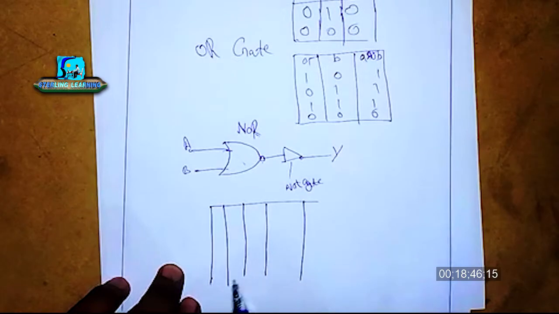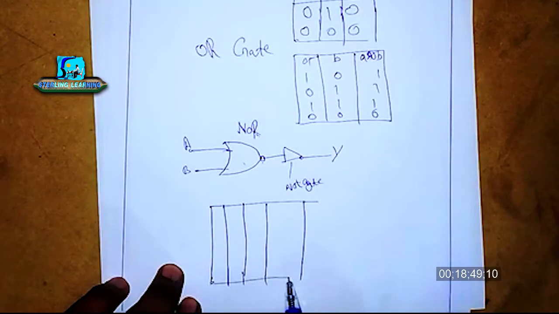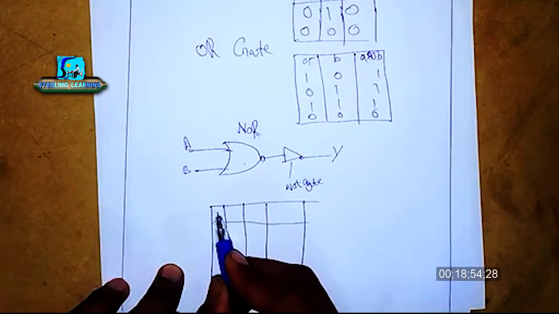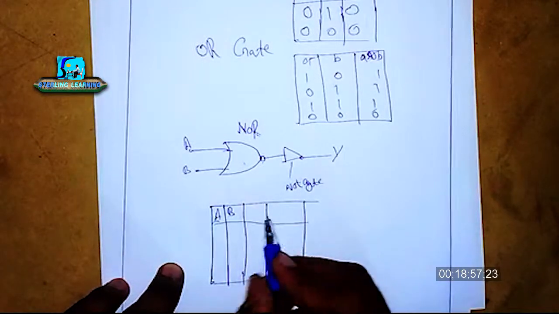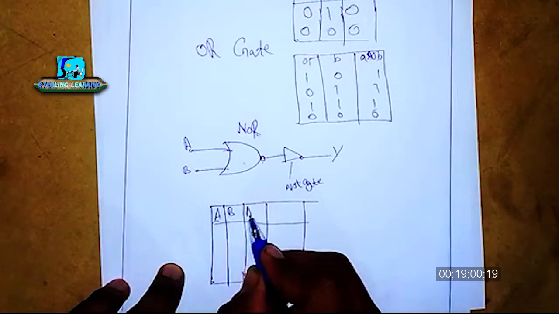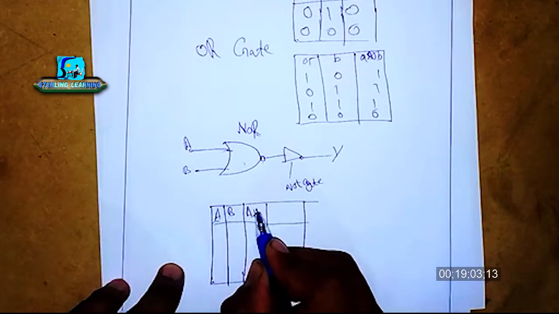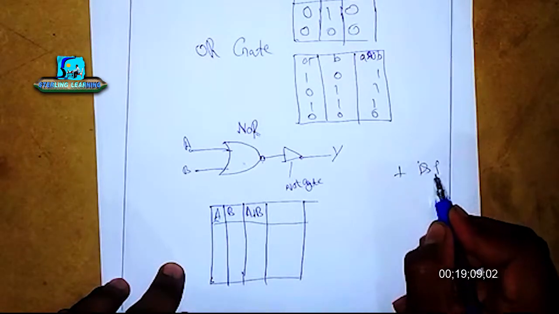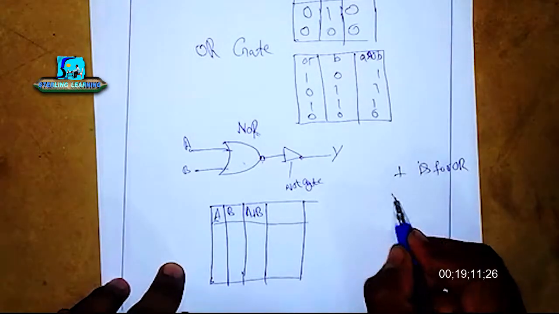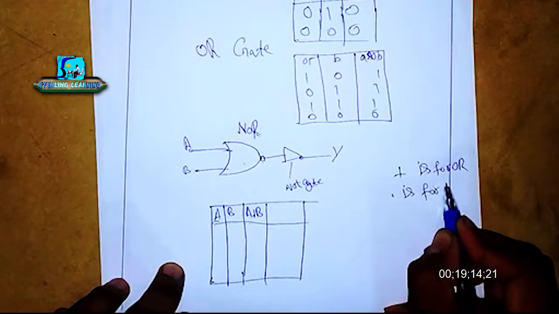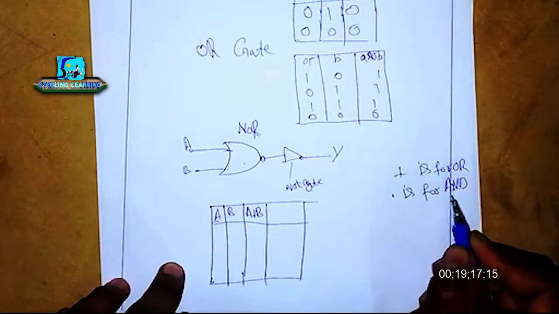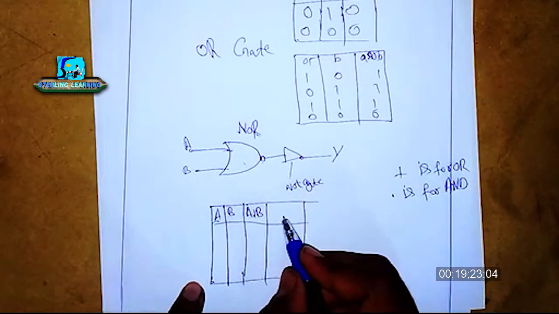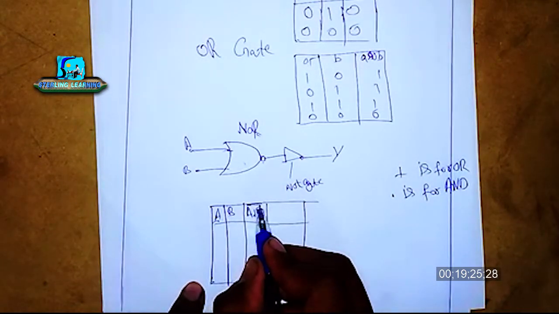Not so good drawing, but it would suffice, because you should understand the concept behind it. A plus B, where plus is for OR and dot is for AND operations. First we will calculate A plus B bar, which is a NOR gate.